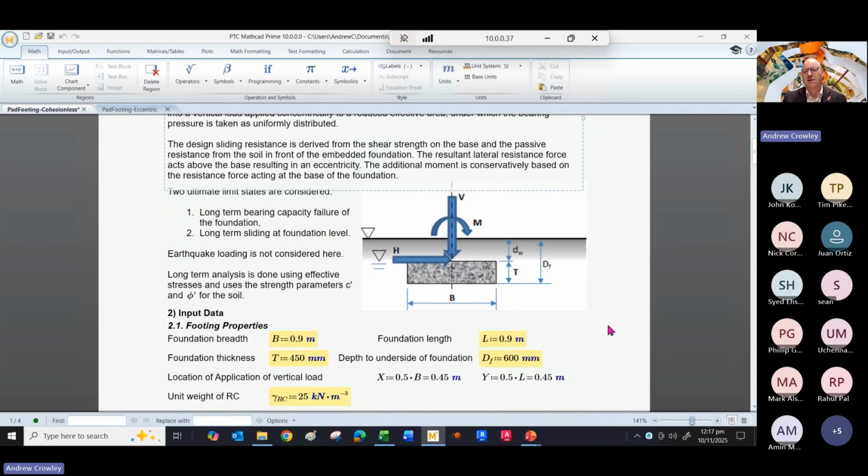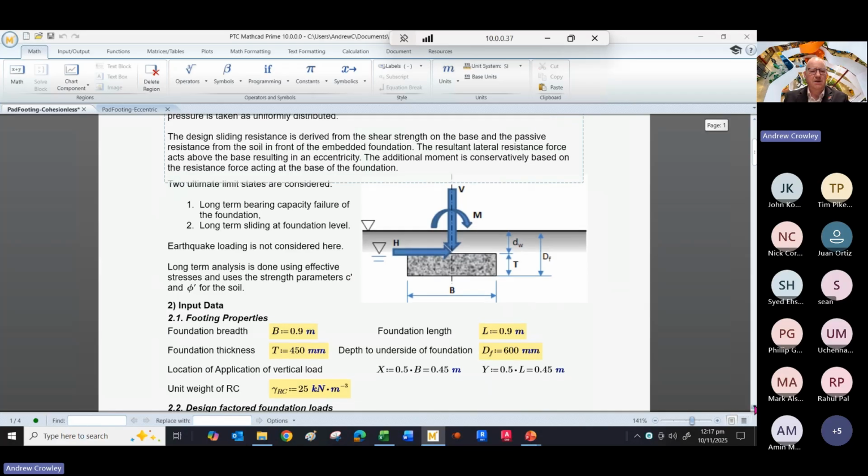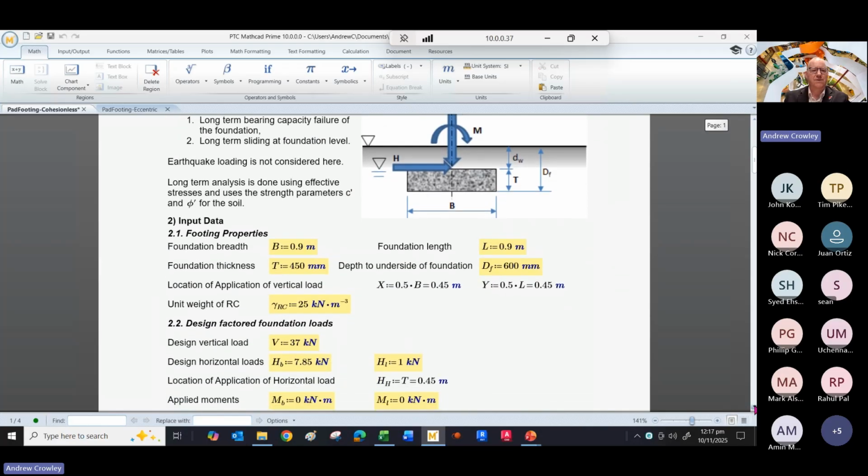So you need to modify what the loading is and the geotechnical parameters suitable for earthquake loading. So a reminder, long-term analysis is done using effective stress and uses strength parameters, the effective cohesion and the effective angle of shearing resistance.